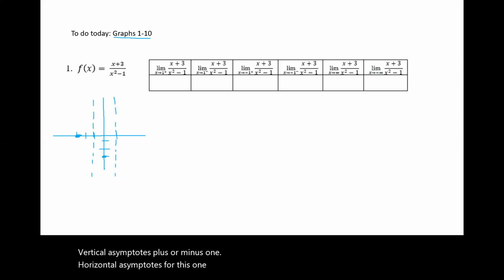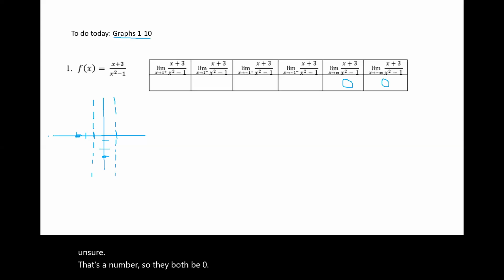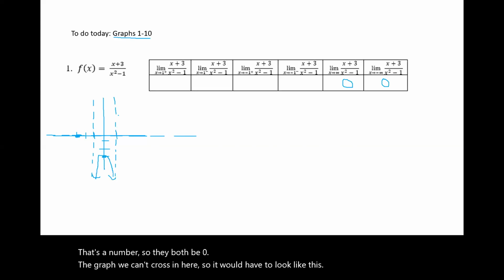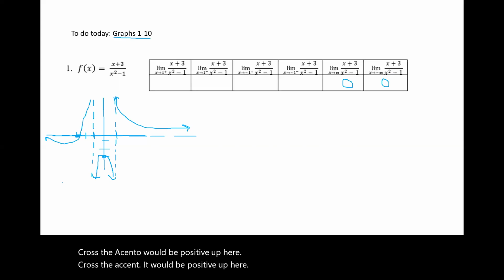You can find that by doing the limit if you're unsure. That's a number, so they'll both be 0. The graph, we can't cross in here, so it would have to look like this. Cross the asymptote would be positive up here. Cross the asymptote would be positive up here. There's our graph, we're done.